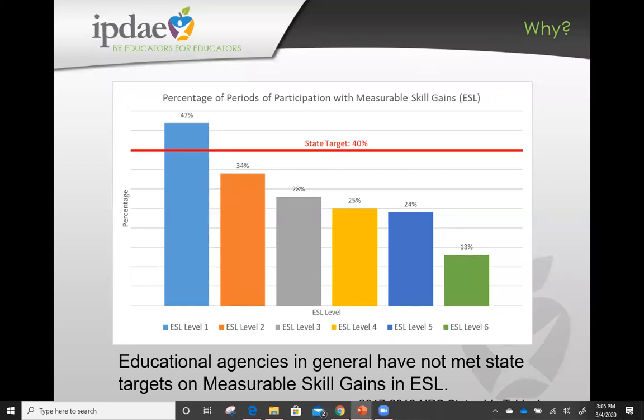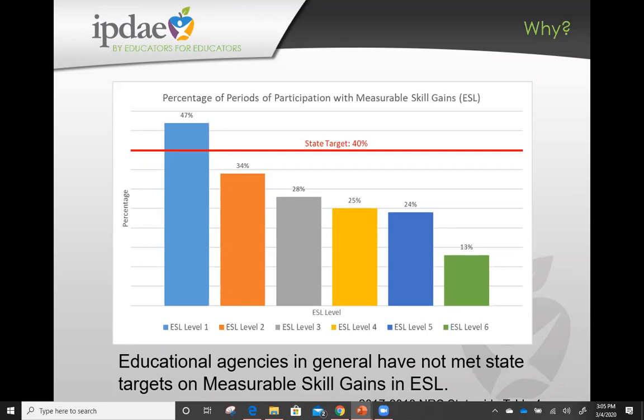As you can see, looking at this chart, at ESL level 1, the state target, I think this has already changed, I think the state target is now 41 for the current year. When we were presenting this last year to the administrators, it was 40, but now we are at 41.